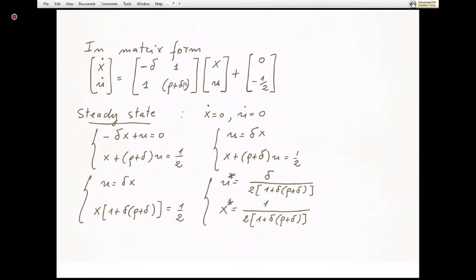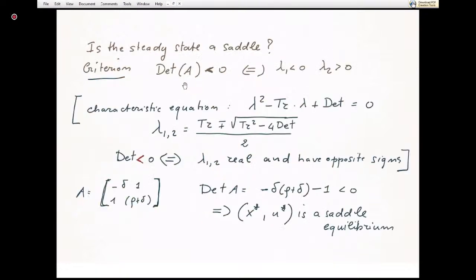It is for sure a negative quantity. Why is that? There are a lot of properties of matrix determinants. In particular, it can be shown that the determinant of a square matrix is the product of its eigenvalues. So if the determinant is negative, this means that one of the eigenvalues is positive and the other negative. But this means that the steady state is a saddle.